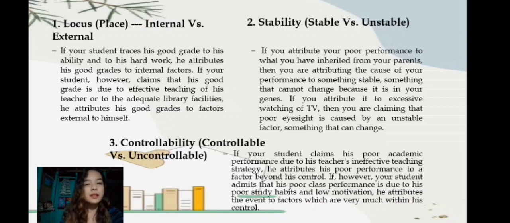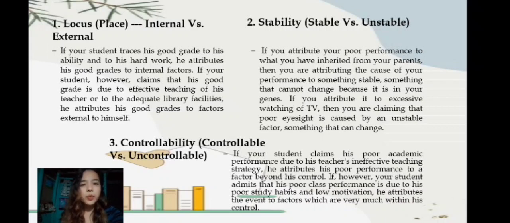or happenstance. The second causal dimension of behavior is stability, stable versus unstable. When people make a stable attribution, they infer that an event or behavior is due to stable or unchanging factors. This means if you attribute your poor performance to what you have inherited from your parents, then you are attributing the cause of your performance to something stable, something that cannot change because it is in your genes.